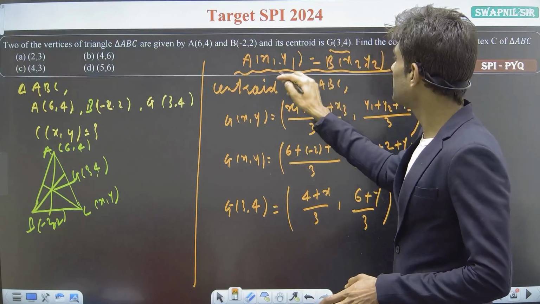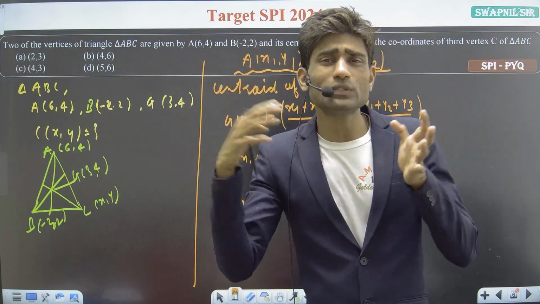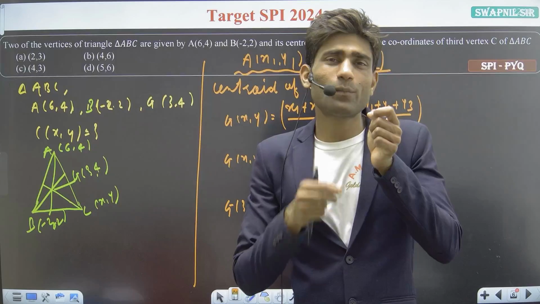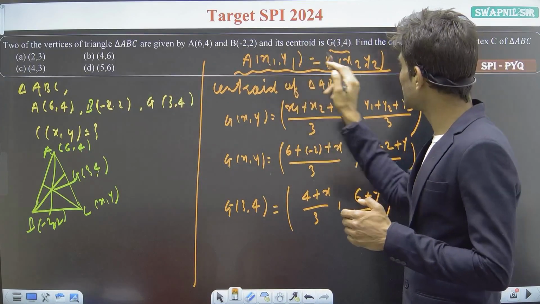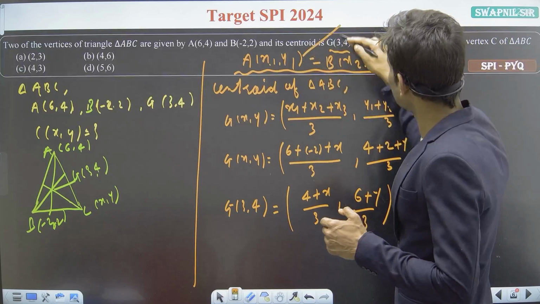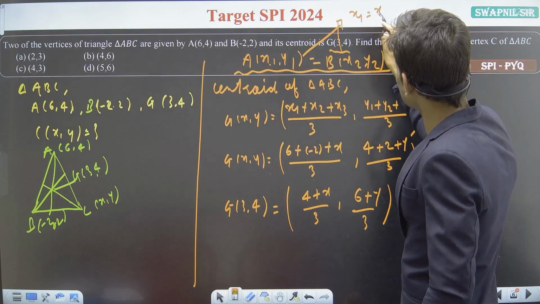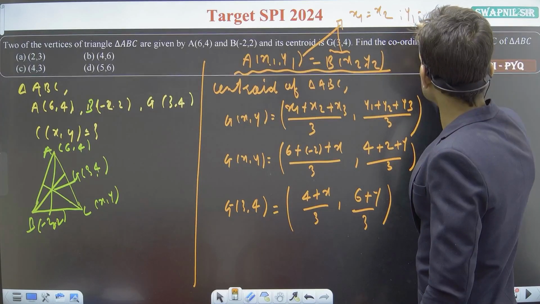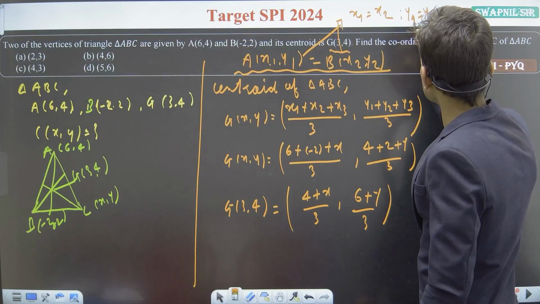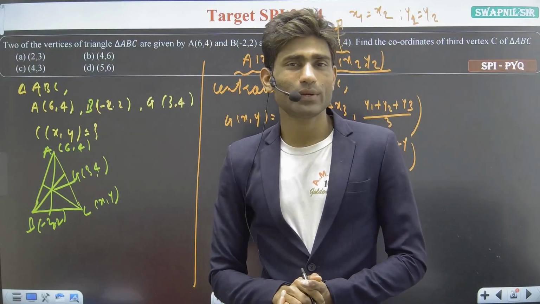If these two are equal, then we write the first x coordinate equal to the second x coordinate, and the first y coordinate equal to the second y coordinate. So we write x1 equal to x2, and y1 equal to y2 here.